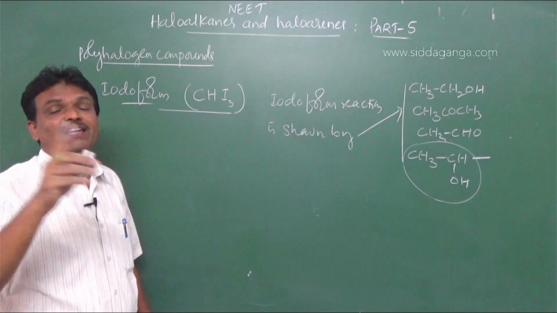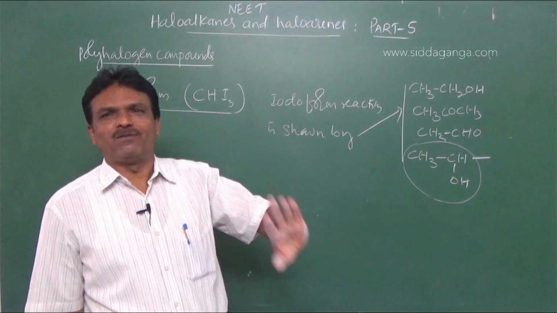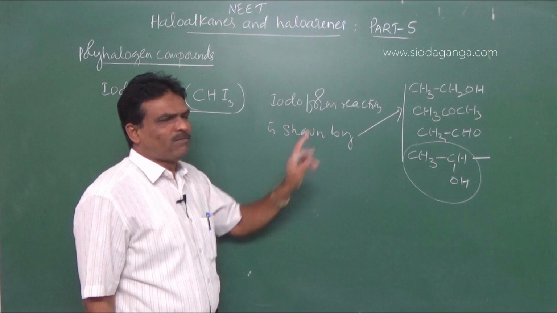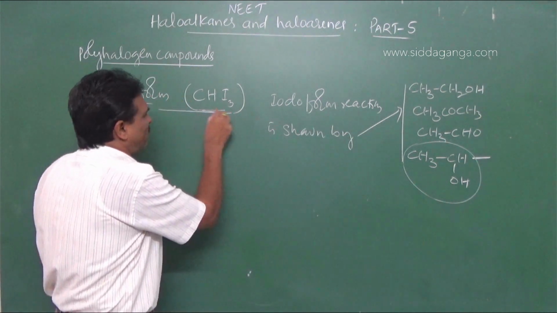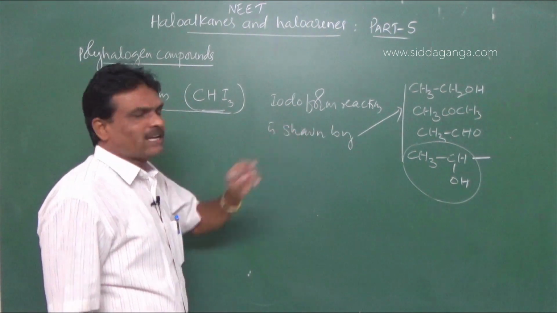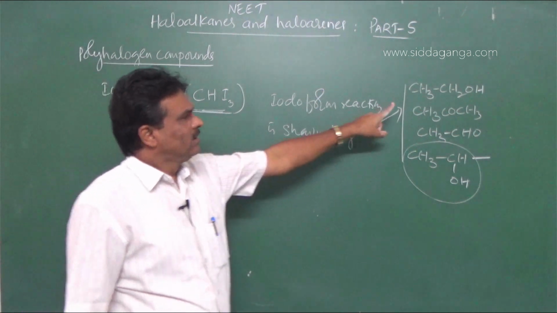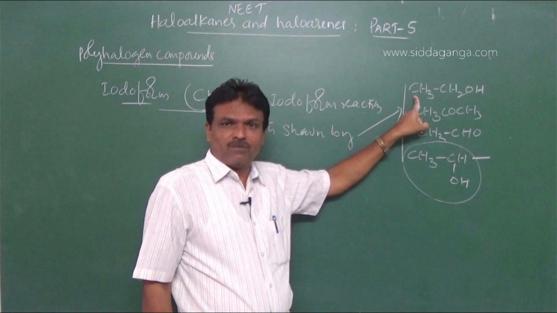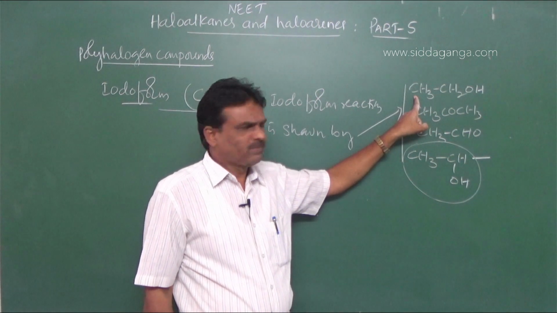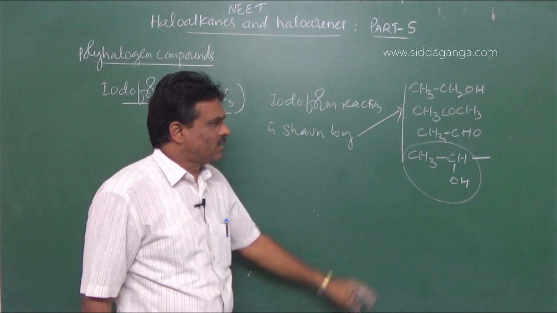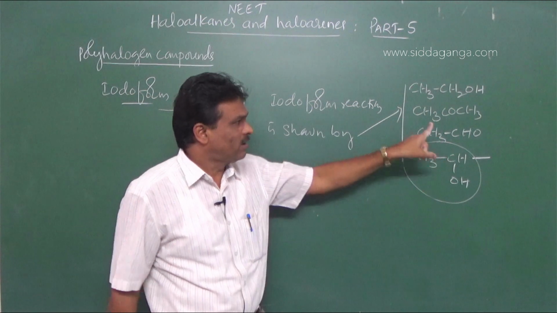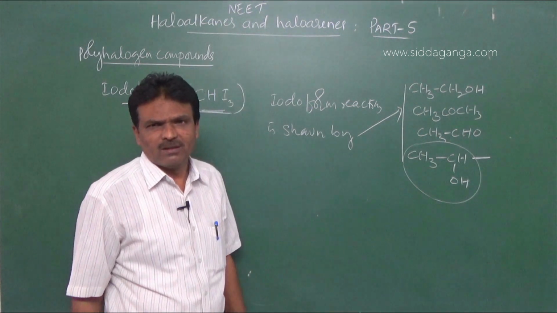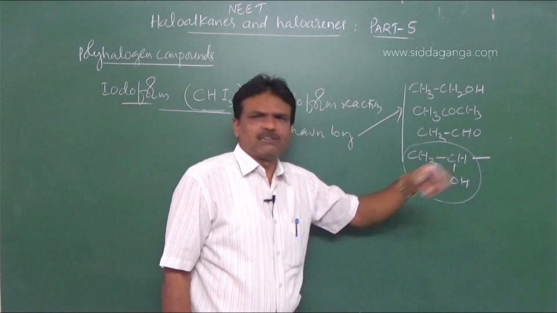Chloroform and iodoform are almost the same. The iodoform reaction is the formation of iodoform. The iodoform reaction is shown by ethanol, which gives a positive test. Acetone also gives a positive test for iodoform, and acetaldehyde also gives a positive test.